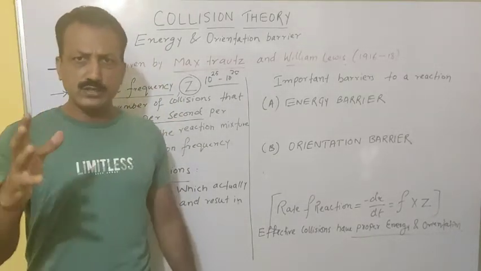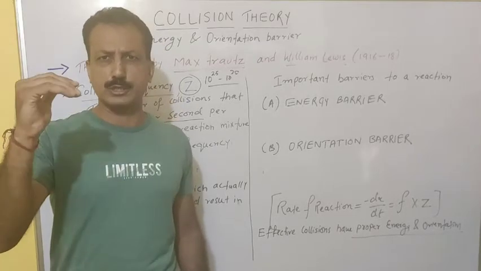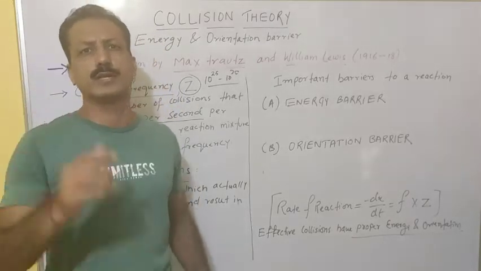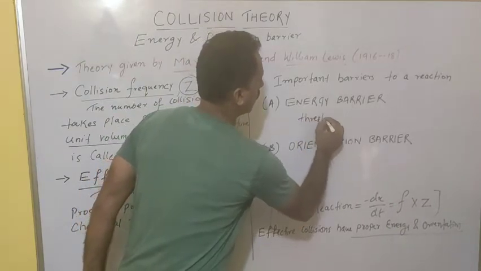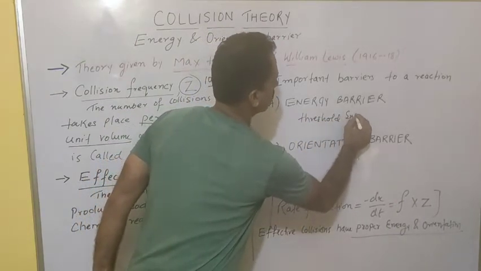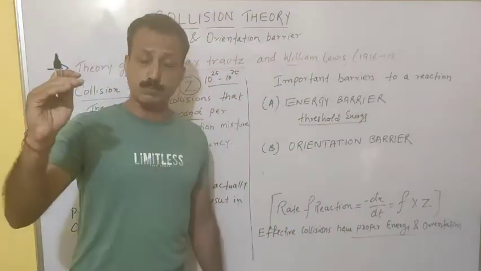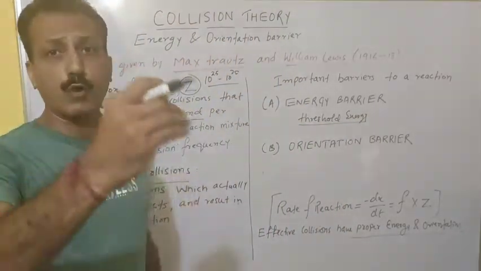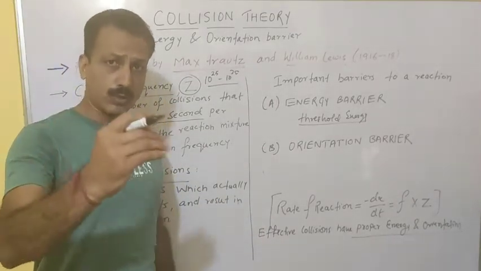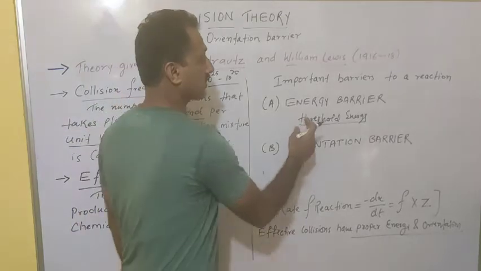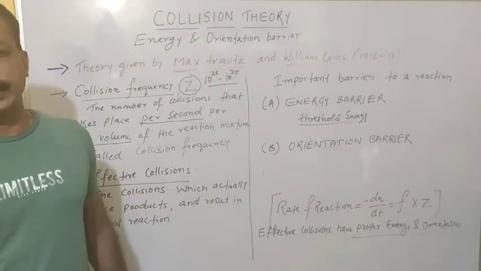When we talk of the energy barrier, molecules must possess a minimum amount of energy which is called the threshold energy. Only those reacting species which have got this minimum amount of energy, called the threshold energy, will result in product formation.